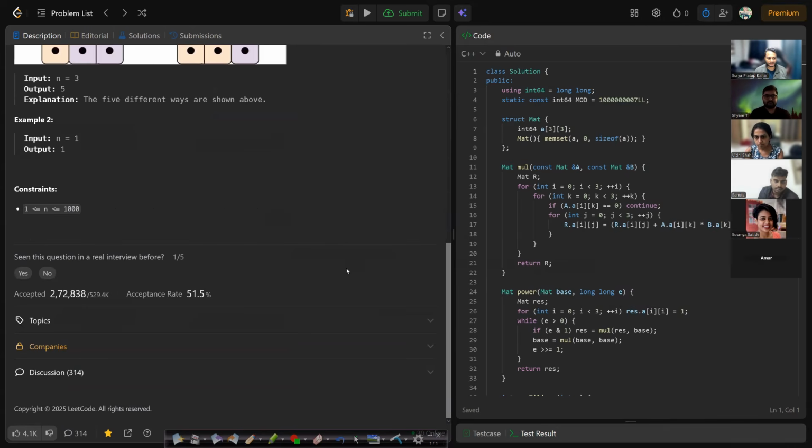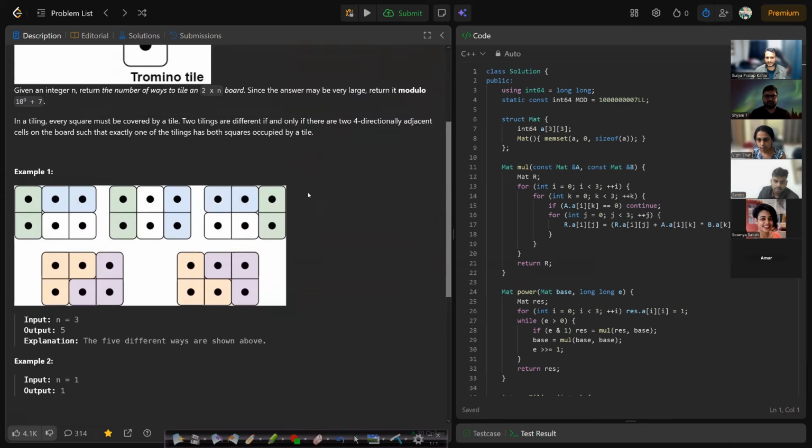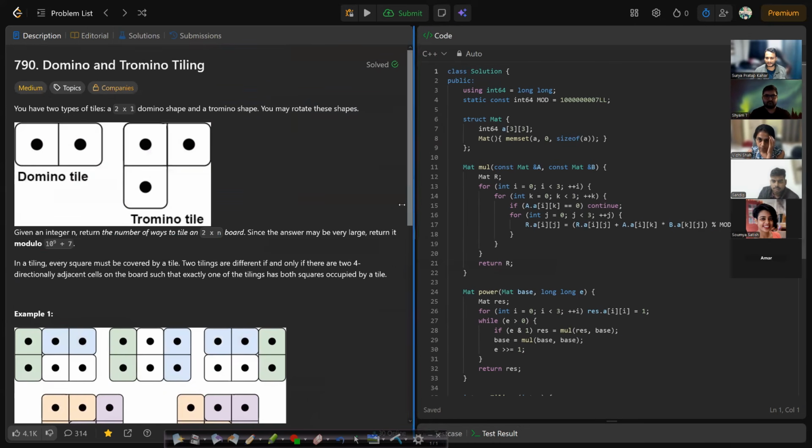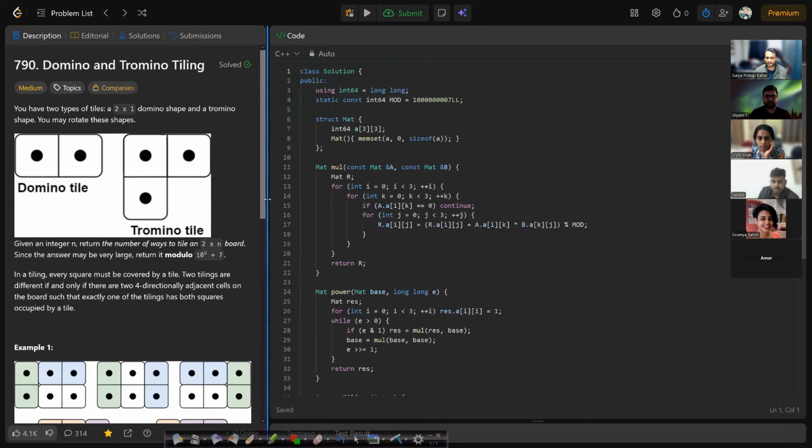Anyway, see, this n value is 1000. If it is already saying that you may have overflow, never take integer for these types of cases. Because if you can have overflow, then definitely you should go for 10 to the power 18, that is your long integer. So here you see that I have defined int64. Why int64? Because in the code base, in the companies, you will find them using int64, int128 like that, and int32 as well.